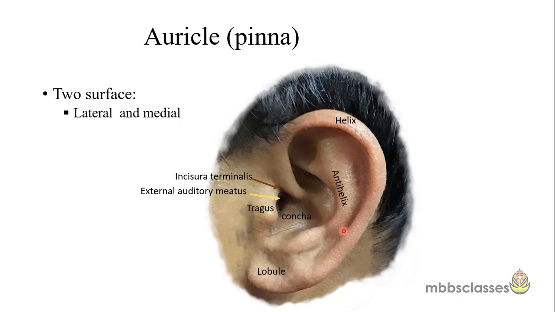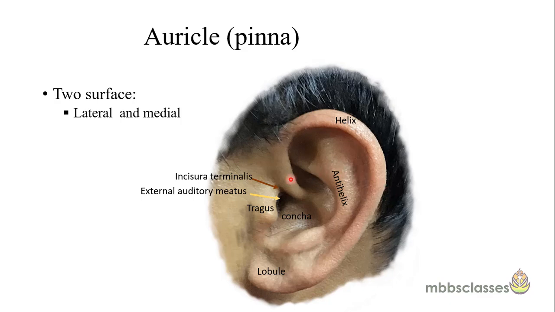The second surface is the medial surface, that is the backside of the pinna, which is facing the temporal region. So the pinna has two surfaces: the lateral surface, which is facing anteriorly, and the medial surface, which is facing posteriorly.